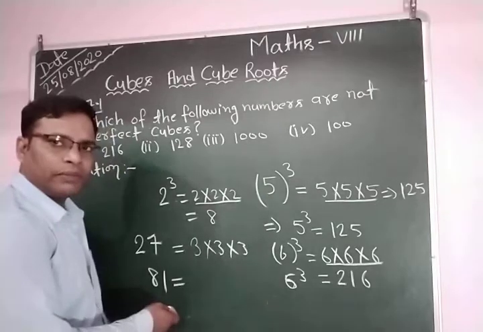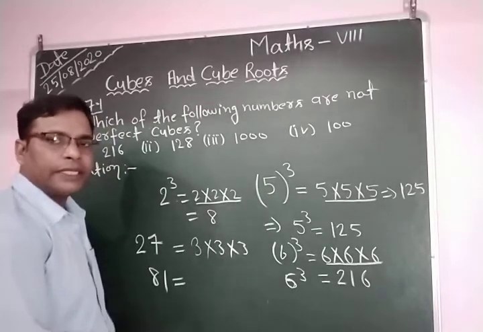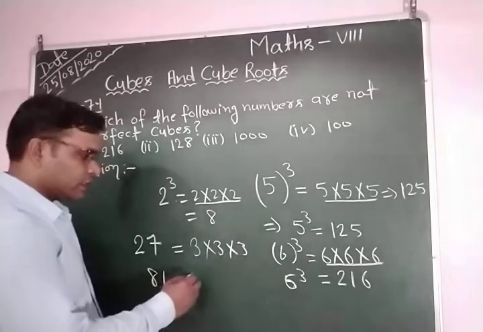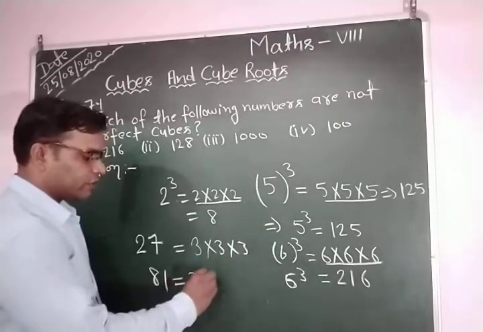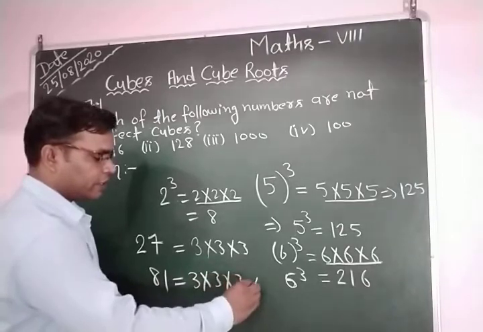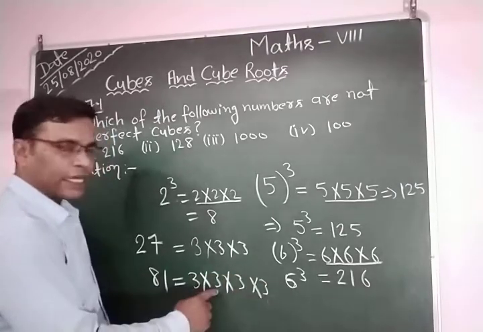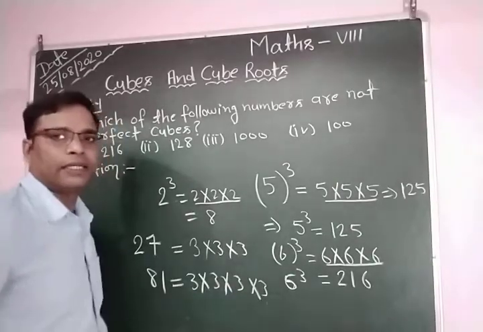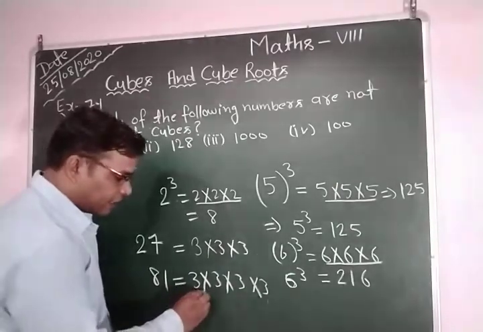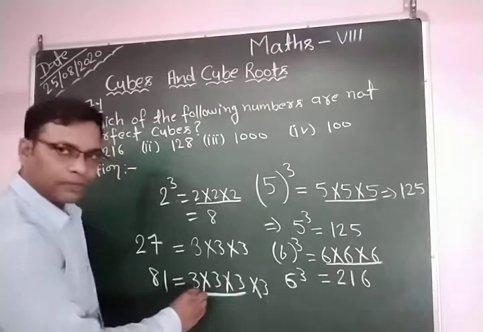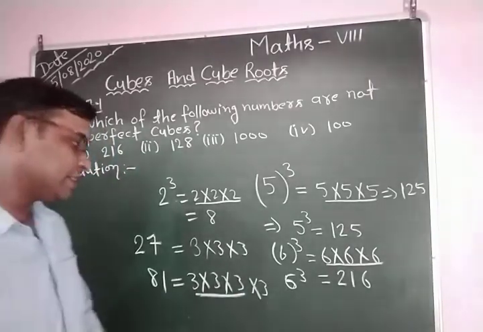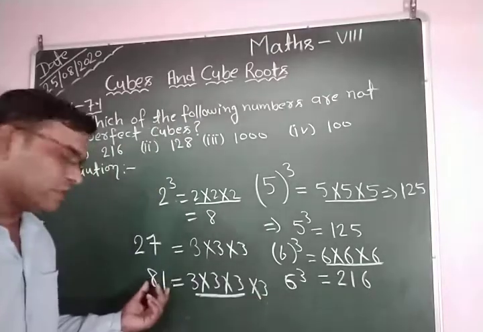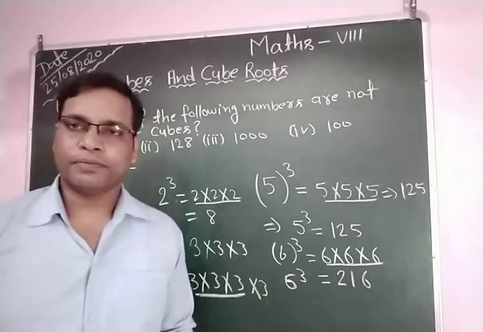You know very well the factors of 81 are 3 into 3 into 3 into 3, four times. 3 3 is 9, 9 3 is 27, 27 3 is 81. You can see these three 3s form a group of 3, but the remaining 3 does not have a group of 3. So 81 is not a perfect cube.